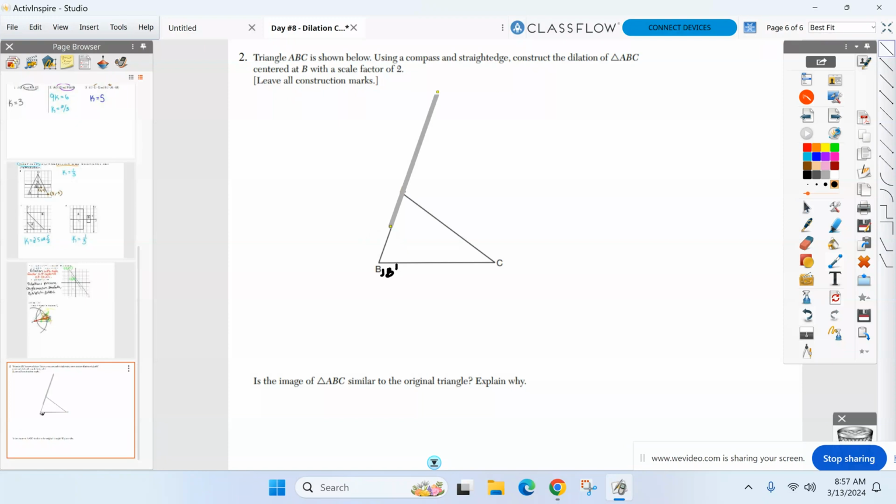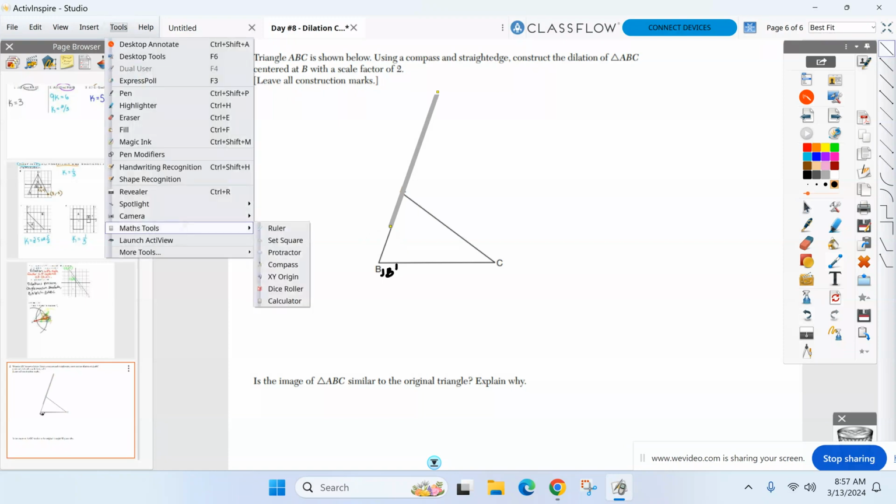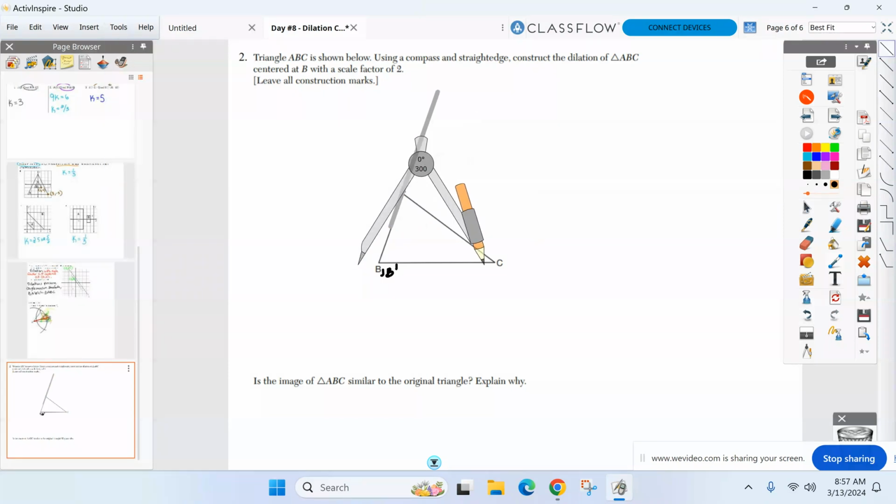Extend that side. Take your compass right now. Figure out that distance from A to B. Take your compass, open it up from A to B. So I measure the distance from A to B. And now I want to double it.